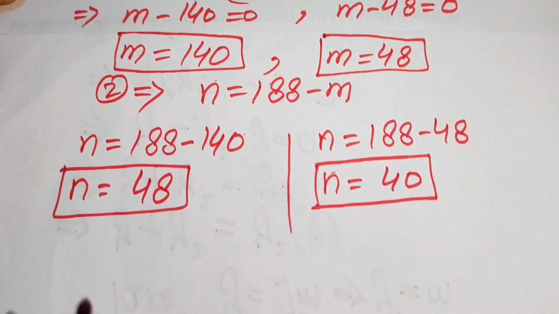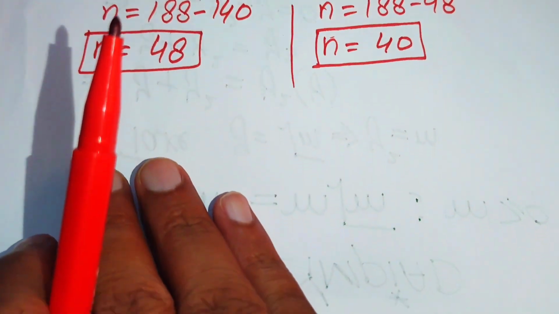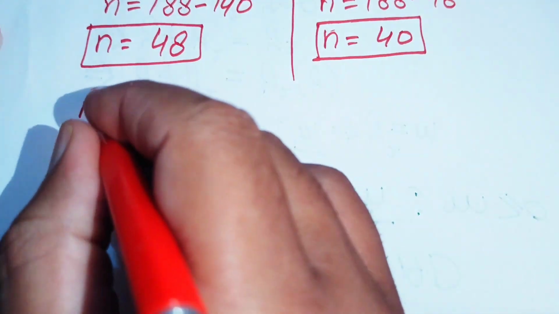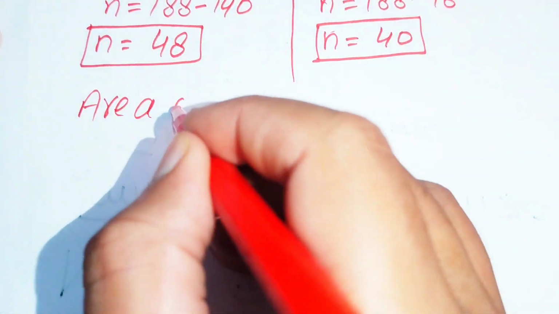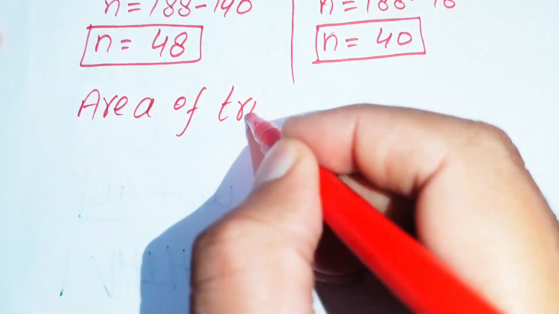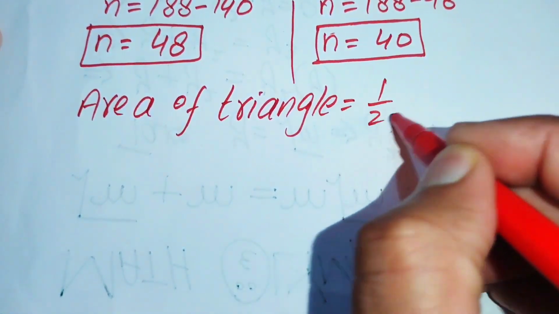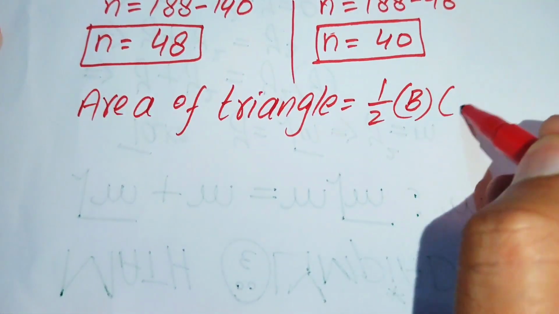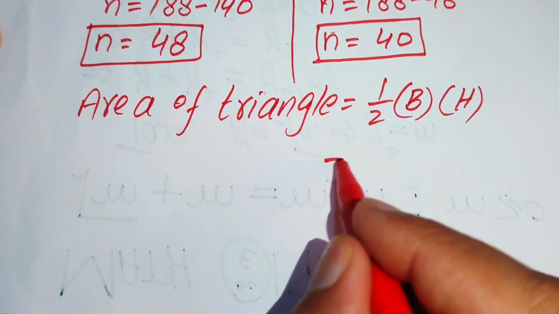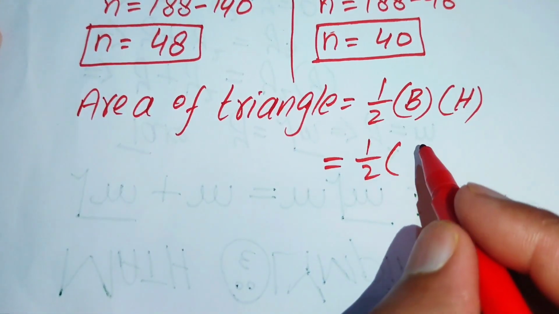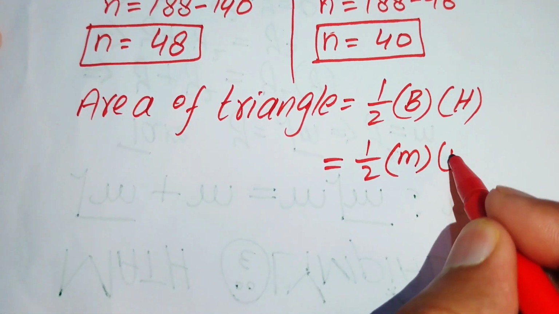So now we move towards finding the area of the triangle, and we know the area of triangle formula. Area of triangle is equal to half times base multiplied by its height. In this question our base is m and height is n.